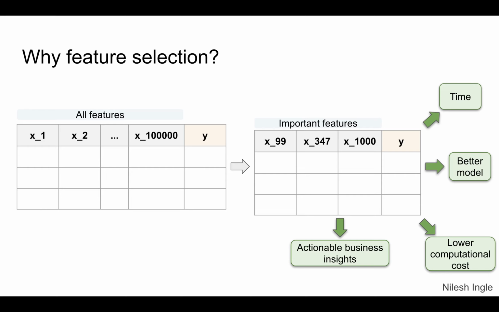For example, if it's a transport company and you're trying to minimize the running cost for each of the vehicles, then miles per gallon consumed by a vehicle would be an important feature, so definitely want that. But if there are other features, for example color of the vehicle, that likely is not going to affect the mileage of that vehicle. So features such as those could be eliminated.